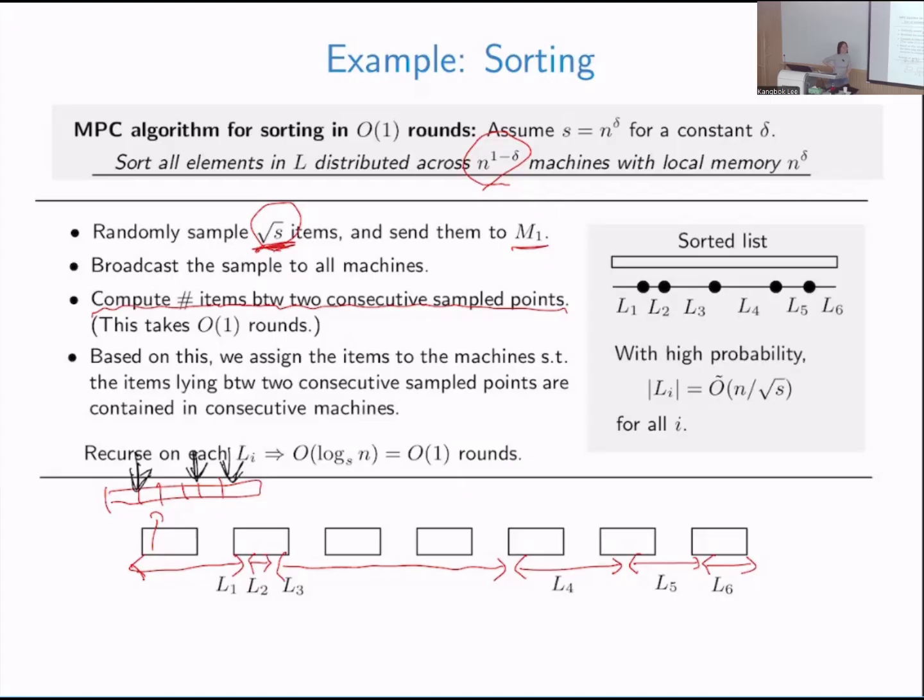Sorry, I don't understand your question. What I said is that among n items, we sample root S items uniformly at random, and we use those sample points as pivots. So we broadcast those pivots to all the machines, and then.